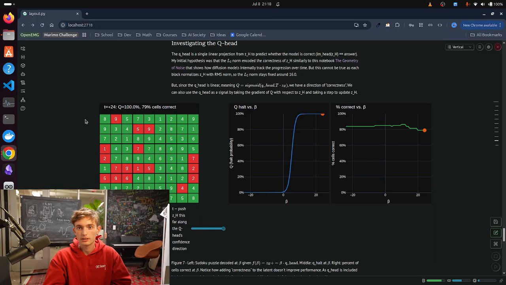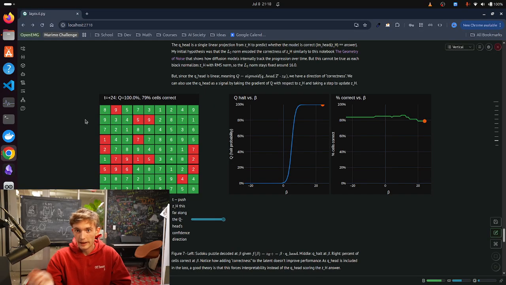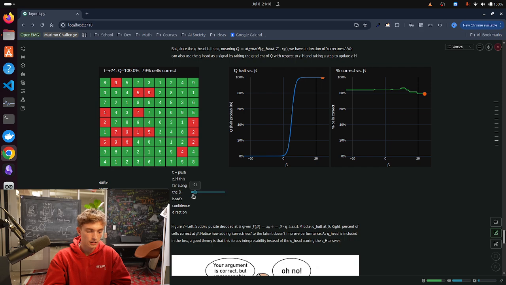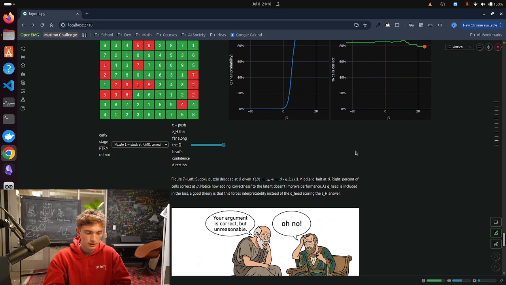And so just to show how this works, because it's a linear layer, we can just add that to our current answer latent, and we can get a new latent, and we can decode that. If we add the Q head to our latent, the model predicts that it's a lot more confident in the Sudoku problem it's outputting, but the correctness doesn't change at all. It just kind of is noisy.